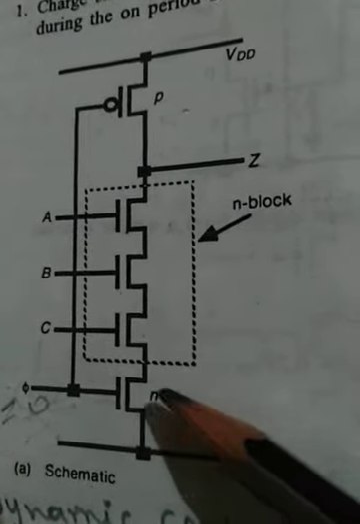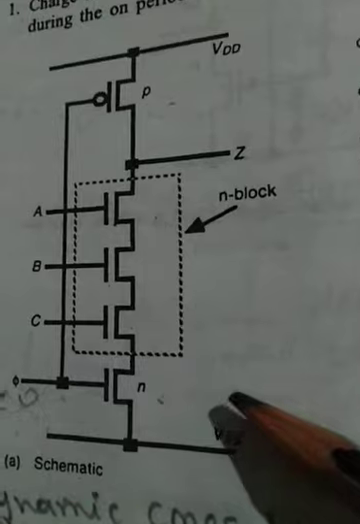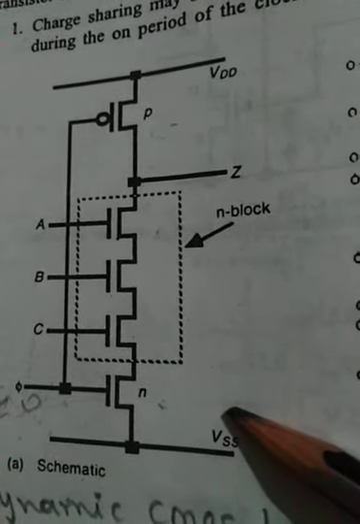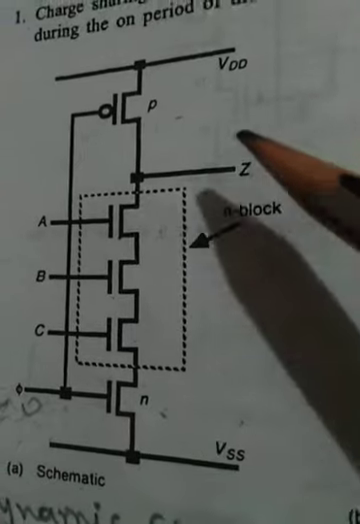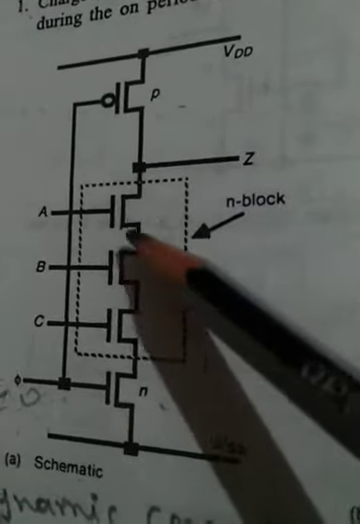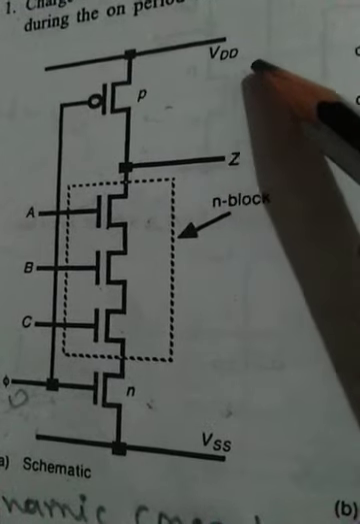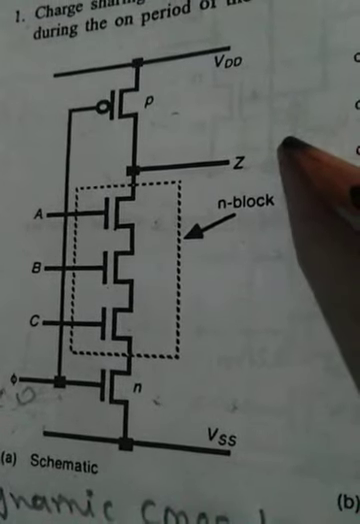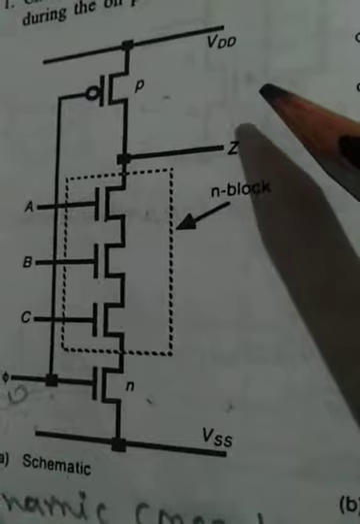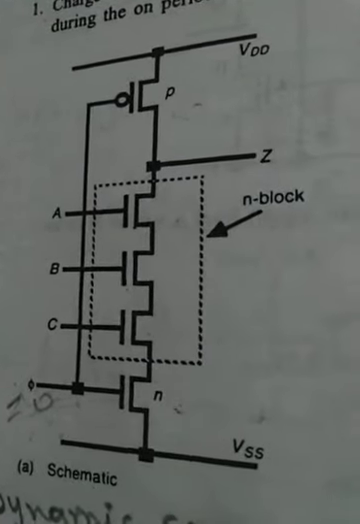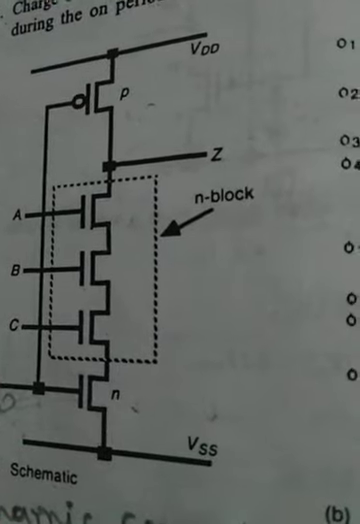So the pull up output is pulled to VDD, that is, the output is pre-charged to VDD.